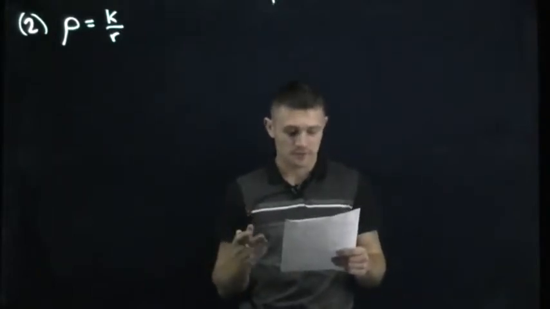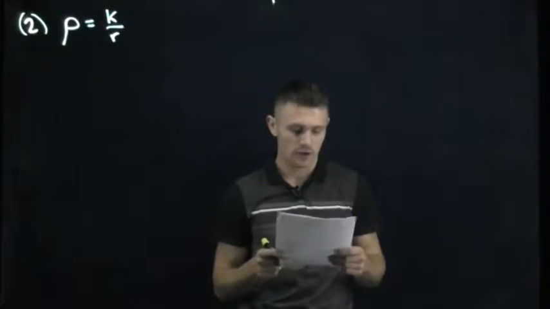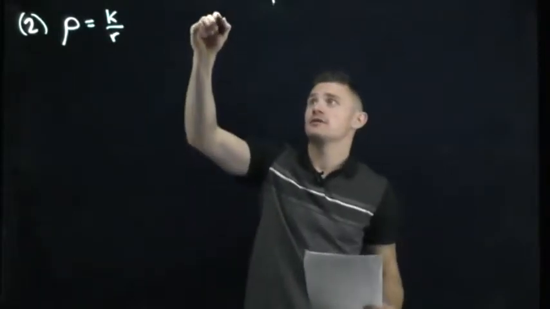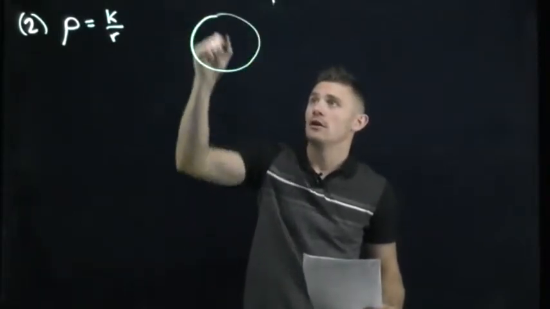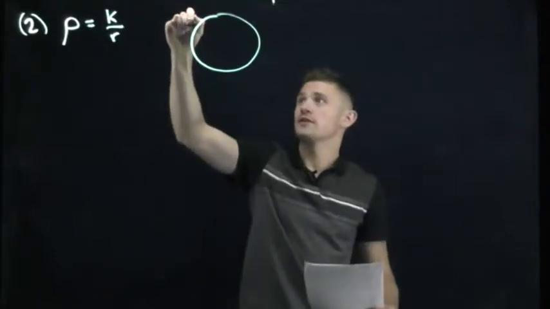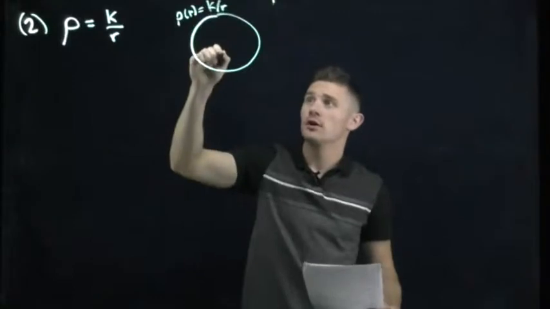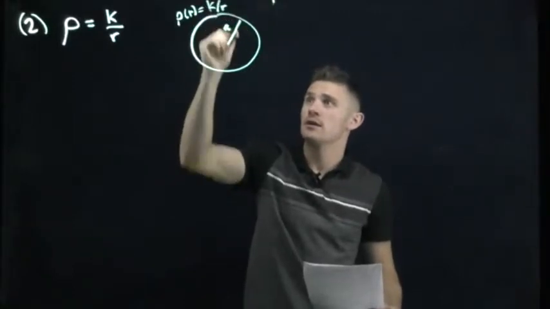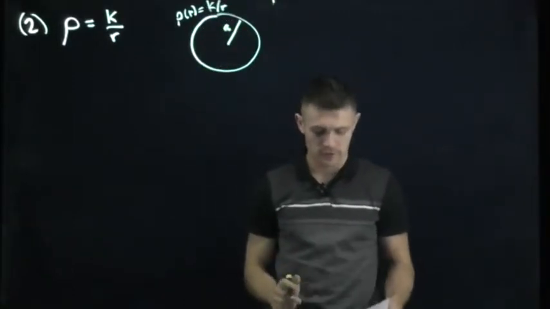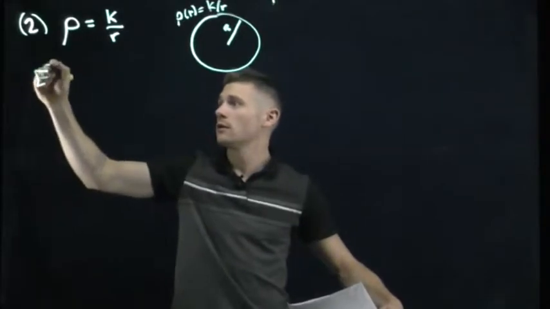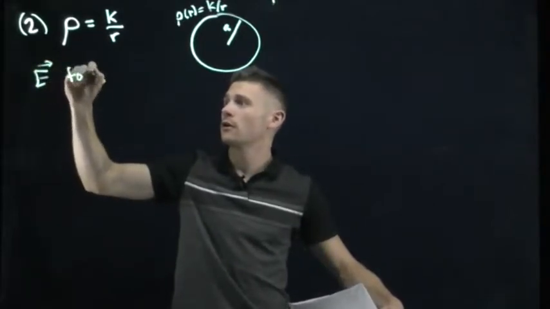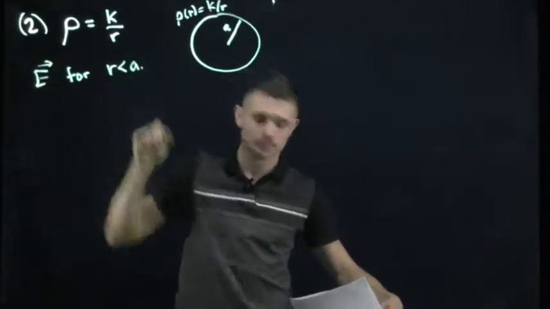So for part A, it says find the electric field E for the region r less than a. So we start off with our sphere of charge, and the charge density on this is rho, which is a function of r, it's k over r. This has radius a. We want to find the electric field E for r less than a.